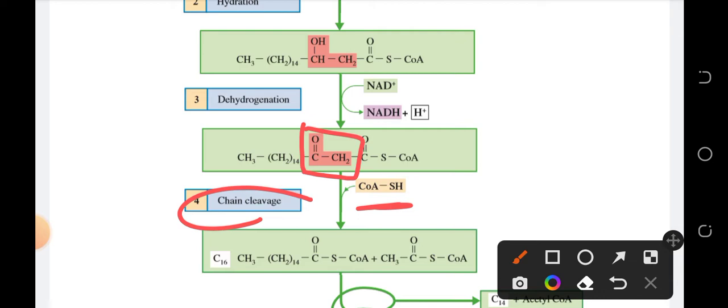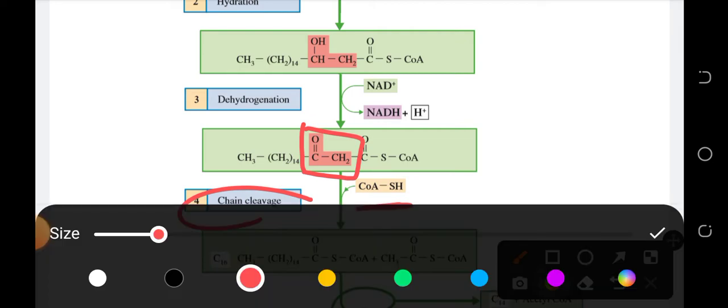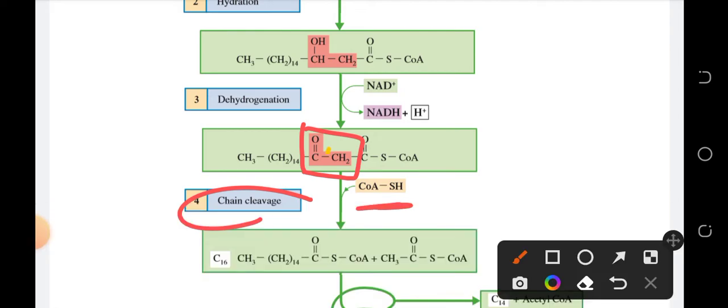Kasi nga, ang beta oxidation, dyan sa beta and alpha sila mag-break. Maiiwan si acyl-CoA, pero hindi na siya 18 originally. Nagbawas tayo ng 2, kaya magiging 16 na lang siya.